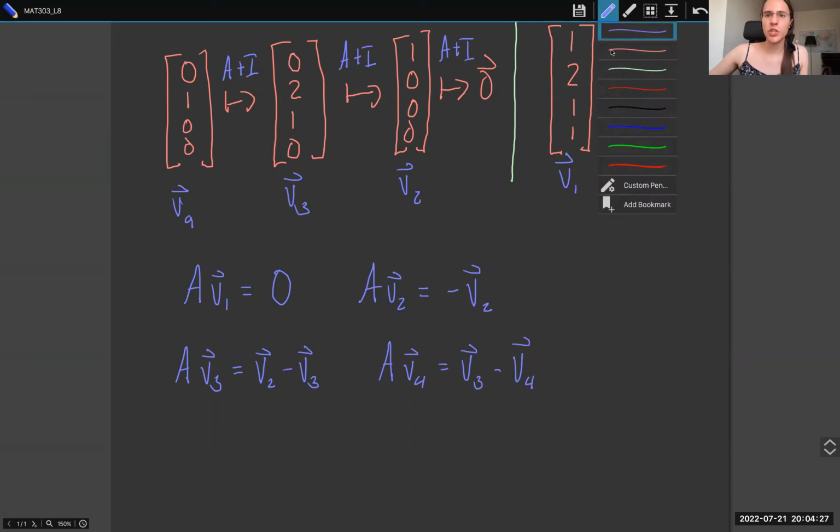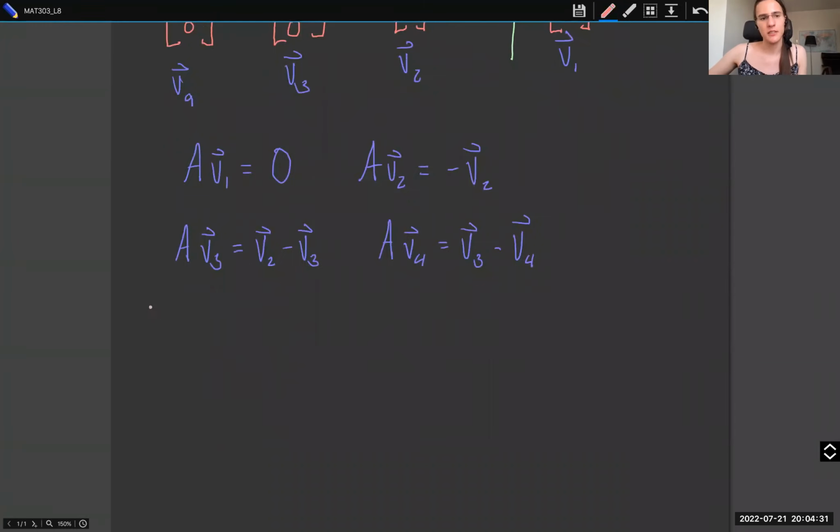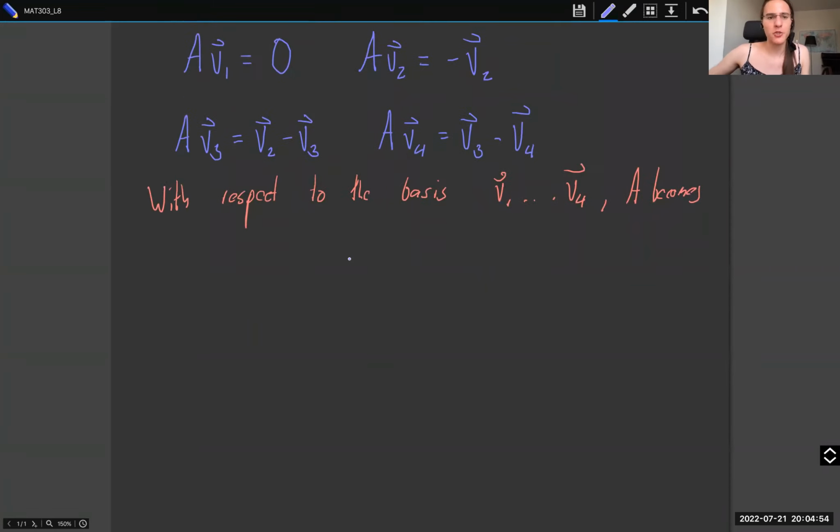So there is a notion of writing a matrix with respect to a basis. How you think of writing a matrix with respect to a basis is that you write what the basis is on the sides of the matrix.